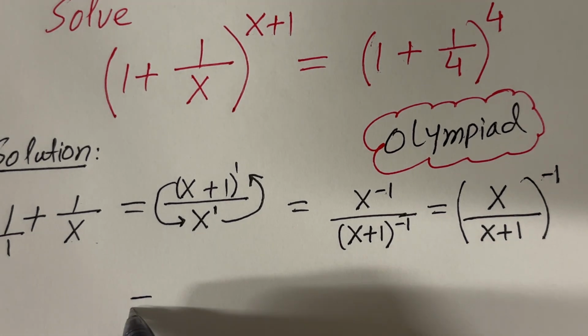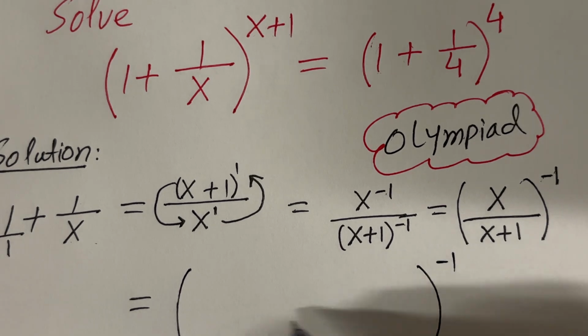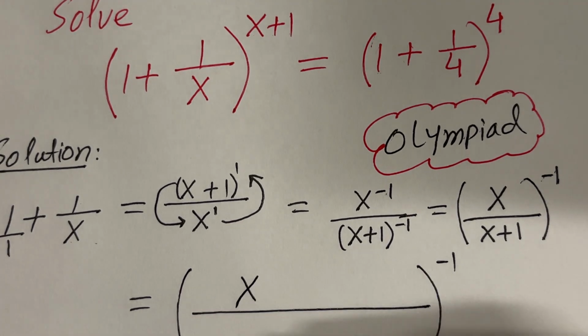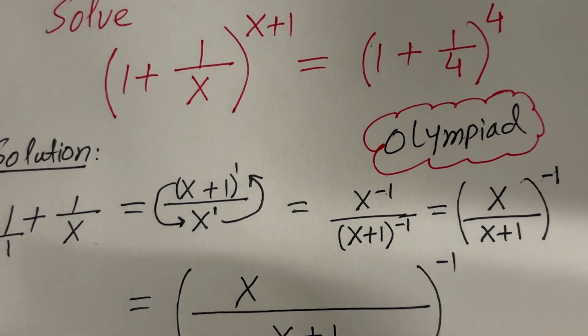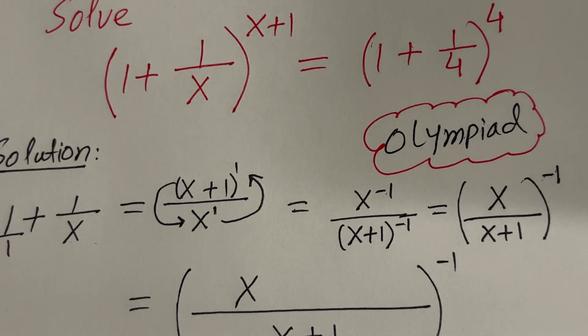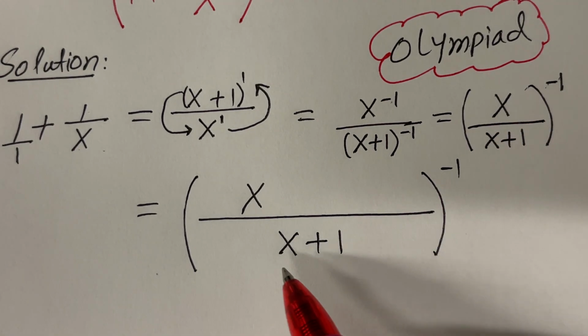Let me rewrite this again: x divided by x plus 1 raised to the power minus 1.